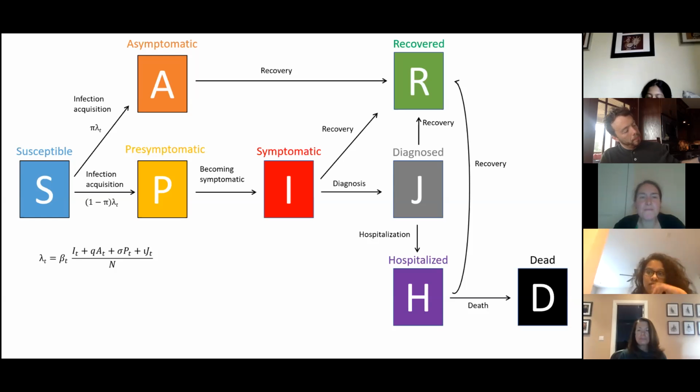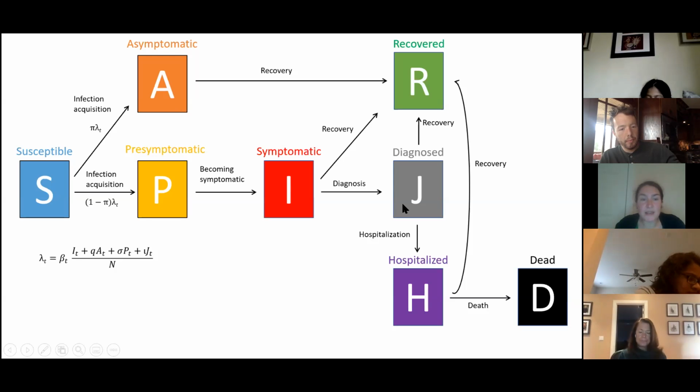So we took a look at what was starting to come out in terms of the possibility of pre-symptomatic spread, the possibility of asymptomatic spread, and incorporated those pieces into the model. So we added an A and a P compartment for asymptomatic and pre-symptomatic, where you have susceptible people going into one or the other of these kind of pathways.